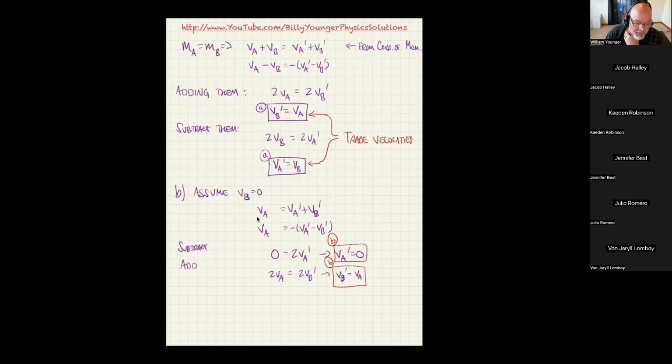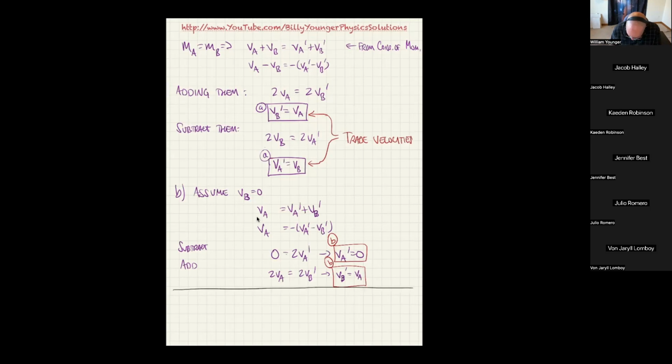And in fact, if you look, your book says problem 34 allows you to work out the most general case for a head-on one-dimensional elastic collision. So let me show you what I mean by that, or at least let me point it out for you.